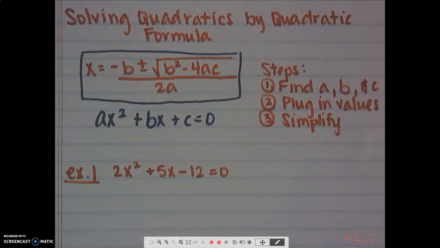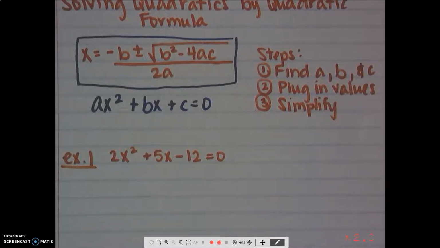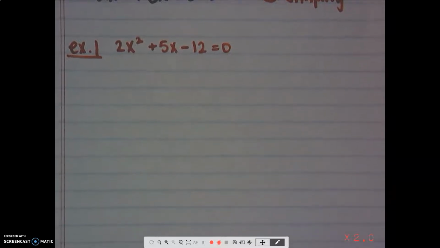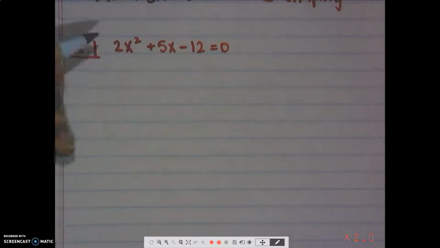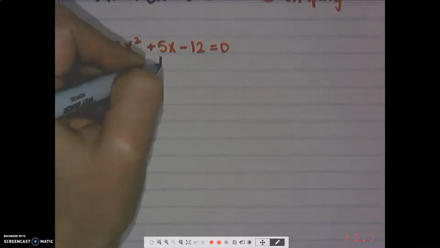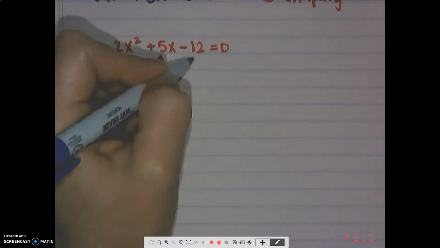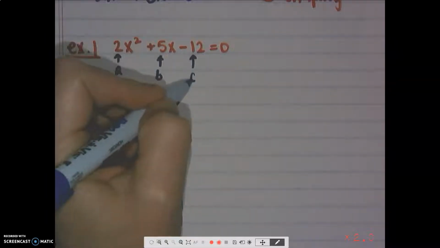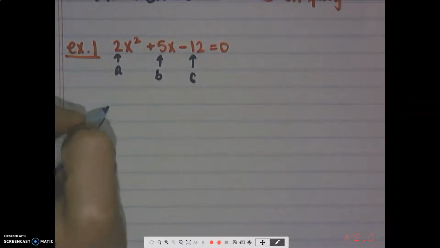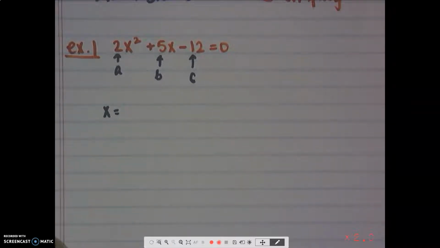So let's take a look at this first example. We have 2x squared plus 5x minus 12 equals 0. So it equals 0. That means this 2 here is our a value. Our b value is positive 5. And then negative 12 is our c value. So we have x equals the opposite of b.